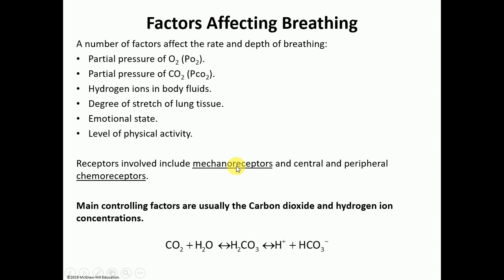The mechanoreceptors are stretch receptors found in the lung tissue, while the chemoreceptors are found either centrally, in the CNS, or peripherally. I'll explain where they are: they're found in the arch of the aorta and in the carotids.